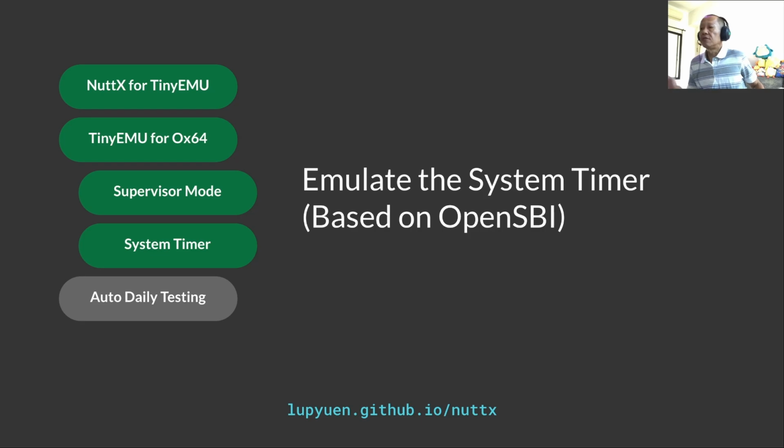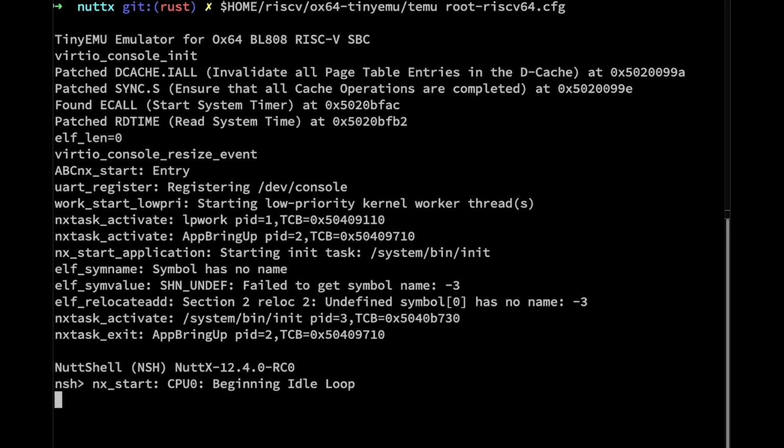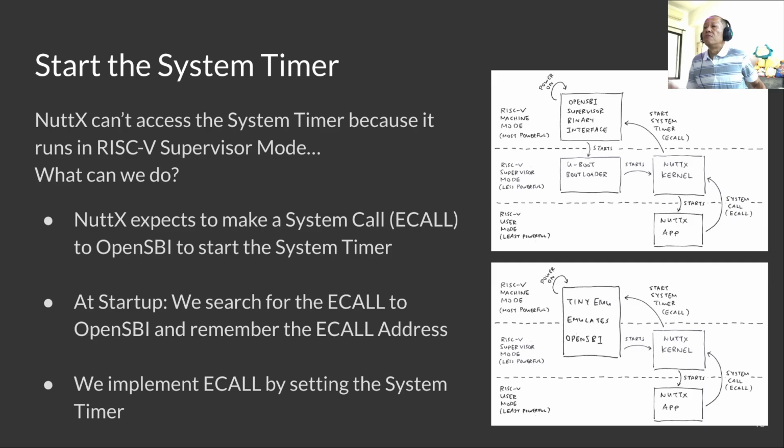What about the RISC-V system timer? How do we emulate OpenSBI so that system timers will run correctly on NuttX? RISC-V system timer can only be set in RISC-V machine mode. NuttX runs in RISC-V supervisor mode.